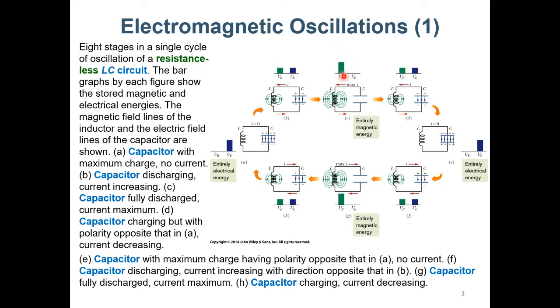And then move forward until all the energy is converted to the energy stored in the magnetic field, and at this moment the current is maximized.